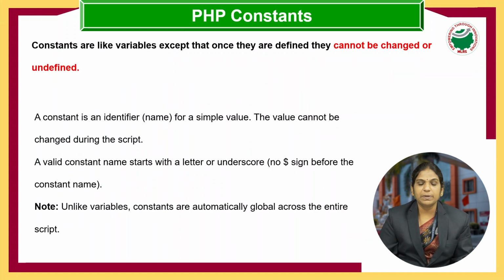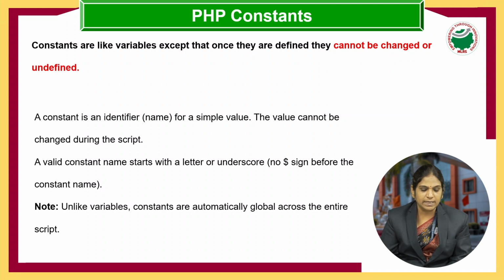And PHP constants. Constants are like variables, and they also store some value or information, but the only difference is that in variables we can change the value, whereas once a constant is defined, it cannot be changed or undefined.